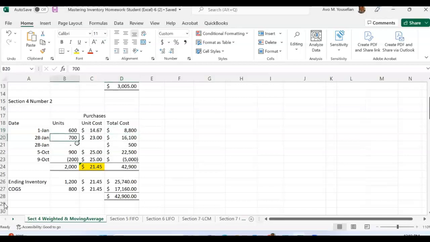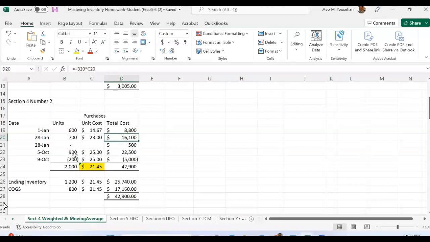In January, you bought 700 units at $23, which if you multiply, that's 16,100, and that's the formula. In January 28, also you paid another $500 for shipping, which will be added to the cost of the inventory.